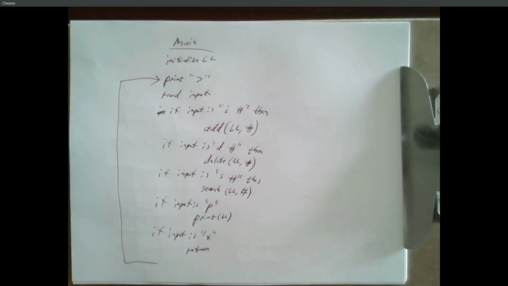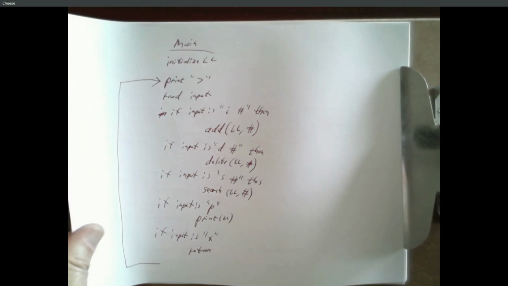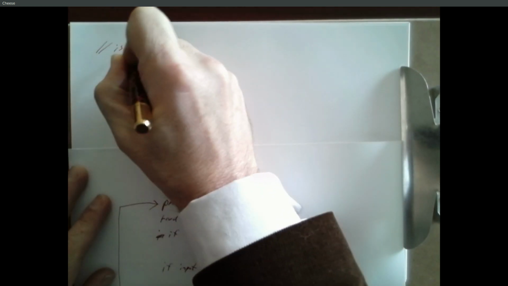So how do we know if the input is, say, I followed by an integer? It's a 224 review. Did you check the result of scanf? Exactly. So is the input I followed by a space followed by a number?